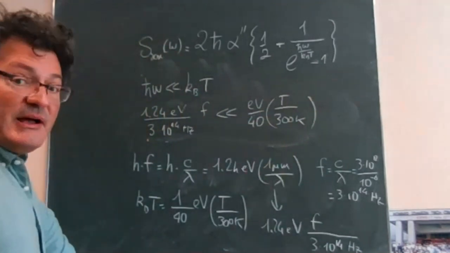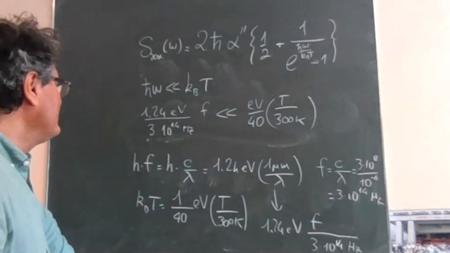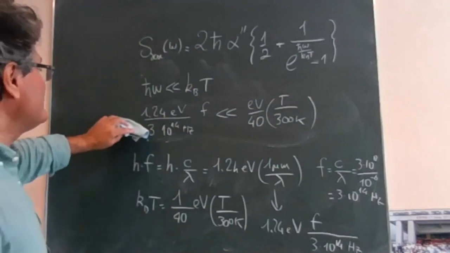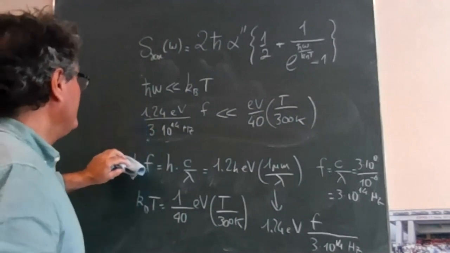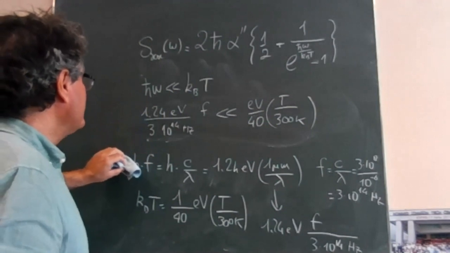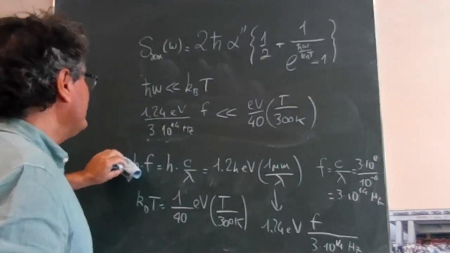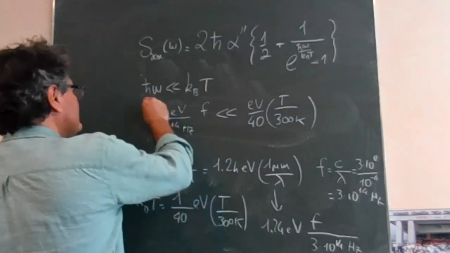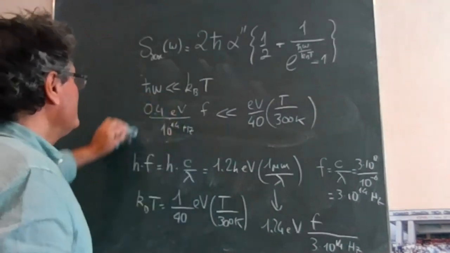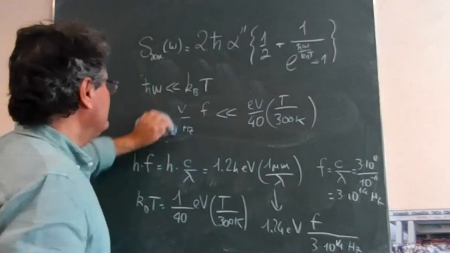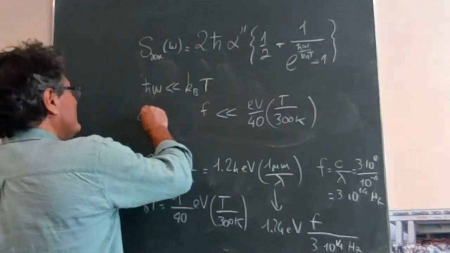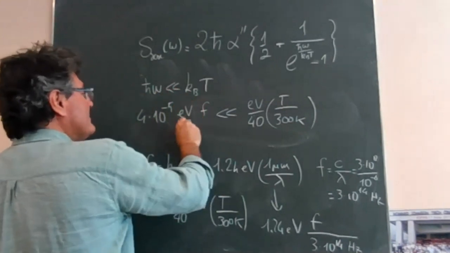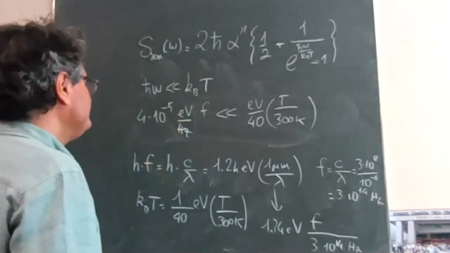And you will see that we are quite safe, because we can do easy calculations. 12 divided by 3 is 4, so this is roughly 0.4. In total we are at 4 times 10 to the minus 15 electron volt per hertz.